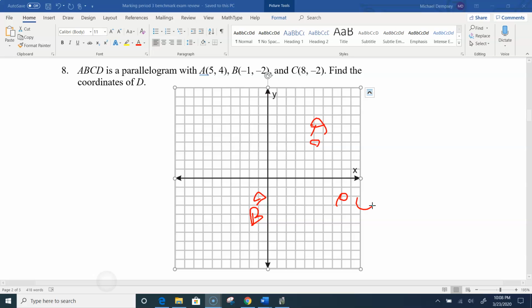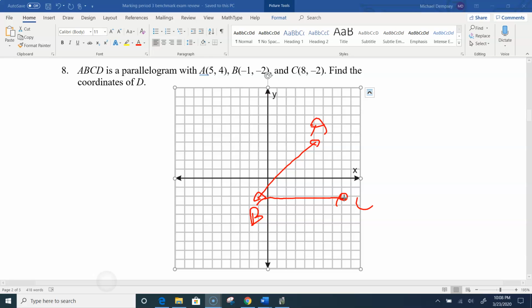If we go in order, A to B to C, okay? I need this other line here to have the same slope as B and also be the same length as BC. So that's probably the easiest way for me to get to this point where D would be. I just figure out what the length from B to C is.